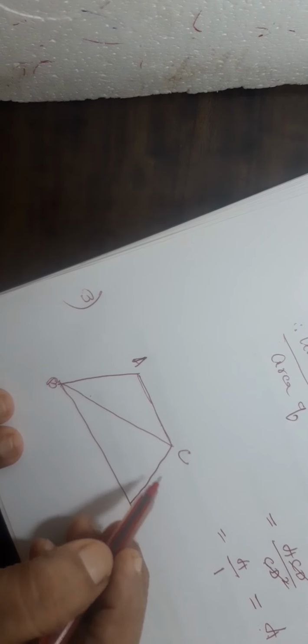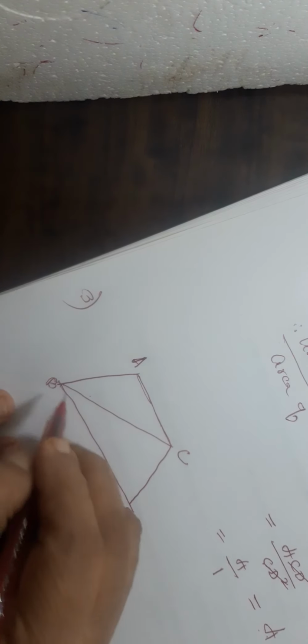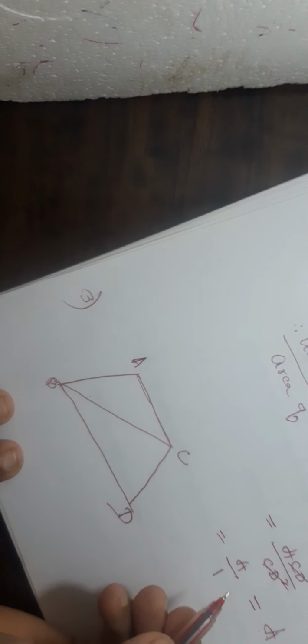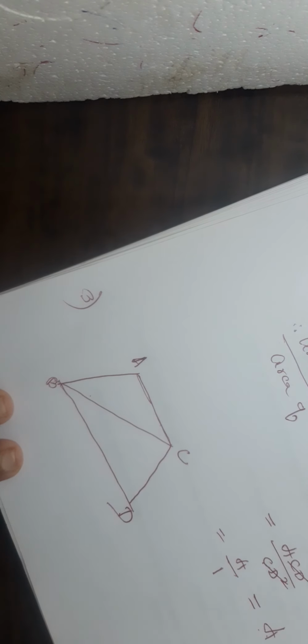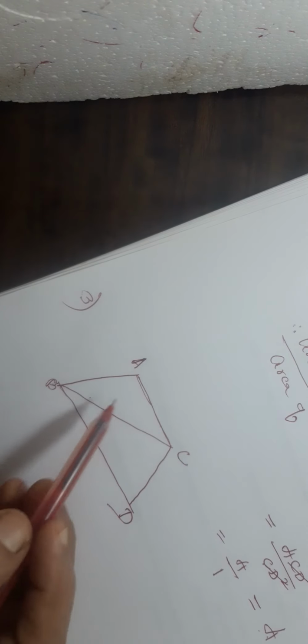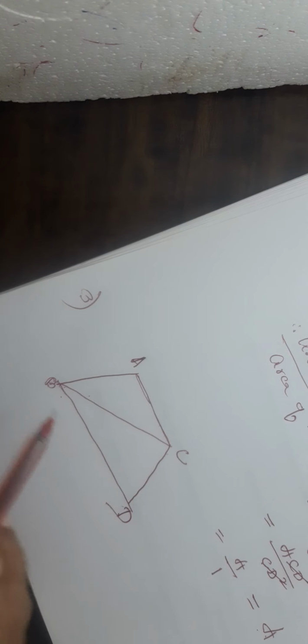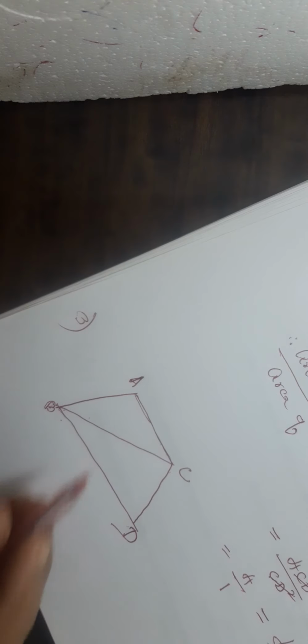Now, see, triangles ABC and DBC, they have told us they are on the same base BC. Last year you have done something on two triangles on the same base. What is the meaning? Triangle ABC's base is BC. Triangle BDC also has BC only as the base. That is the meaning of the problem.